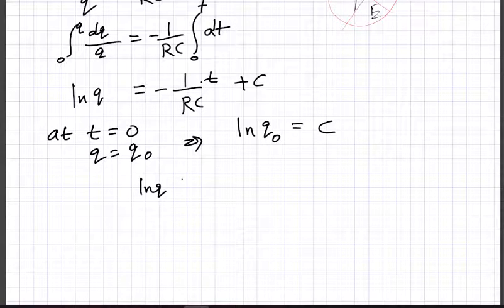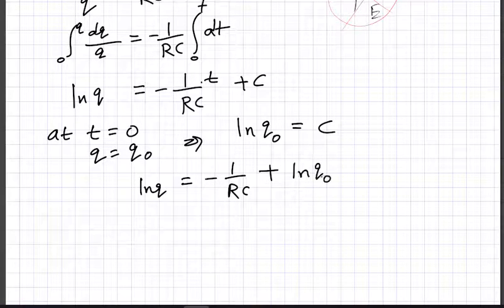You substitute that in the above equation. ln Q is equal to minus 1 by RC plus ln Q naught.